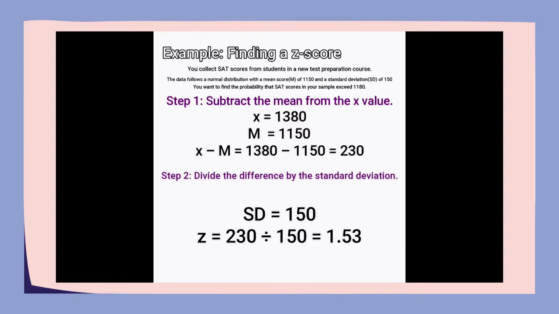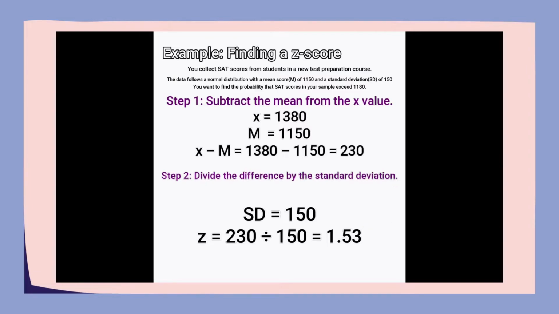Step 2 is divide the difference by the standard deviation. So, yung standard deviation natin is 150. So, yung nakuha natin dito ay 230. Ang gagawin lang natin is 230 divided by 150, which is equal to 1.53.